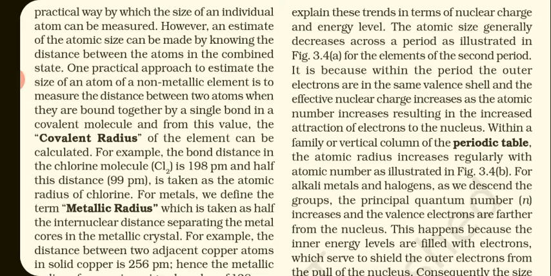However, an estimate of an atomic size can be made by knowing the distance between two atoms in the combined state. One practical approach to estimate the size of an atom of a non-metallic element is to measure the distance between two atoms when they are bound together by a single bond in a covalent molecule, that means a molecule formed by sharing of electrons.